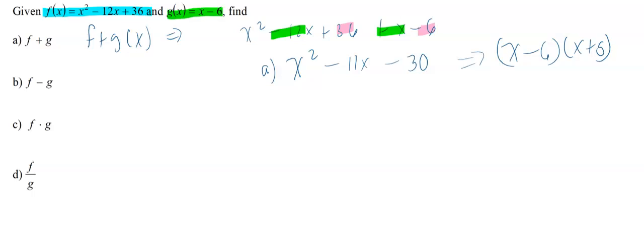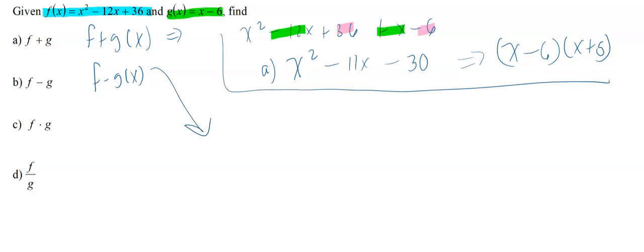All right, the B part, and here's where you want to be a little bit careful with your operators. So we're going to have f minus g of x. Let me bring that down here and maybe partition this off and probably change pen color. All right, so we're going to have f of x, which is x squared minus 12x plus 36 minus, be careful here, it's the whole quantity.